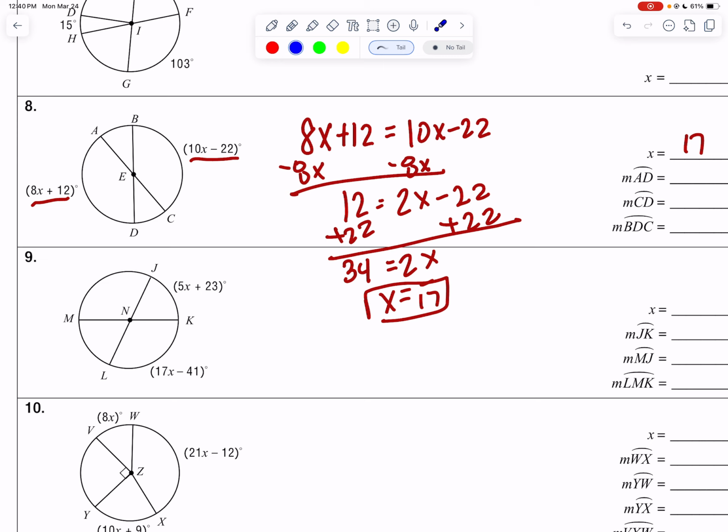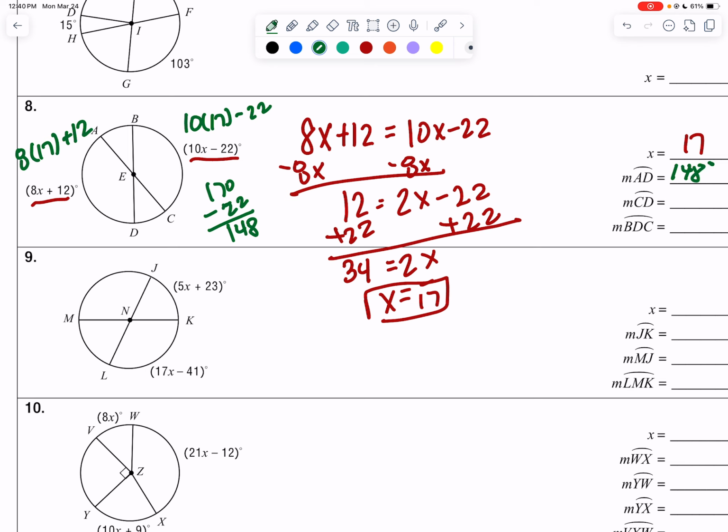So if I were to plug 17 in here, I'm going to get 8 times 17 plus 12. Or I could plug in 17 here. You'll get the same answer. And once you do that, you'll get 170 minus 22, which gives us 148.